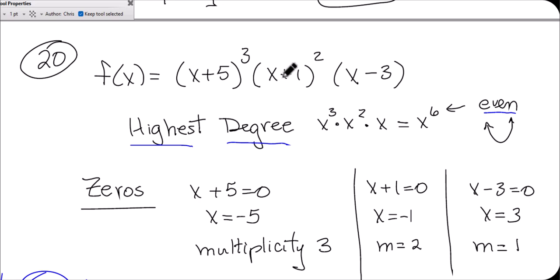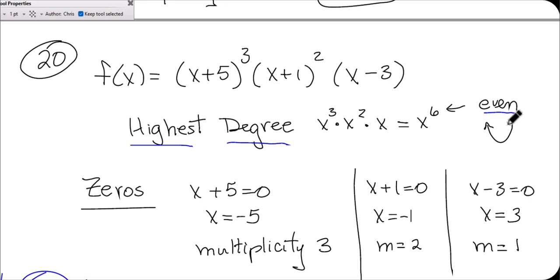If I multiplied this stuff out, I'd get an x squared. And from that part, I would have an x. So let's count up how many x's. 3, 4, 5, 6. So it's x to the 6th. 6 is an even number. So this polynomial is going to be up on both sides.